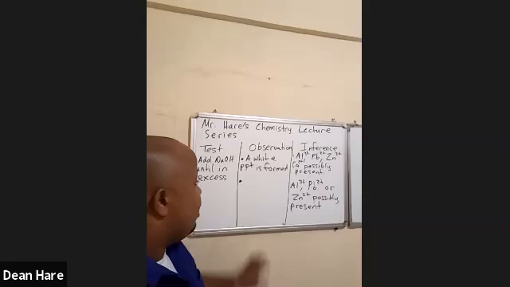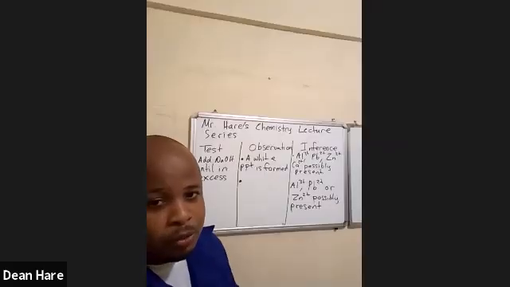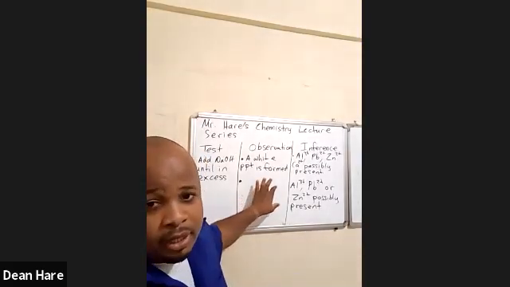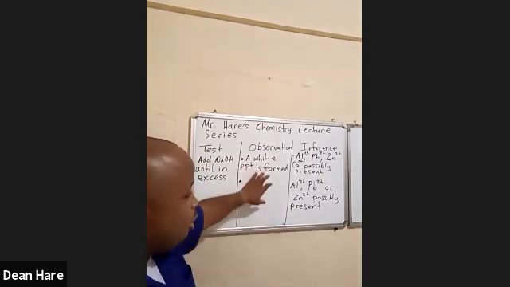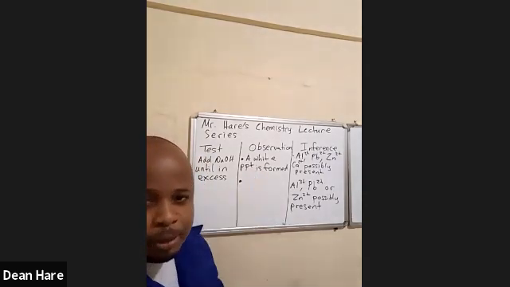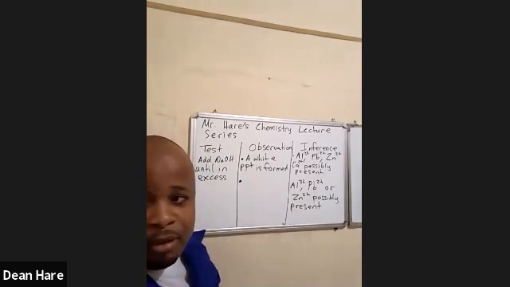Sir, can we put soluble or insoluble? Well, on the exam, they have that, but I was told that CSEC don't want us to use it anymore. So you should put that the precipitate dissolves. So for your observation, put that a precipitate is formed, and then put that it dissolves.